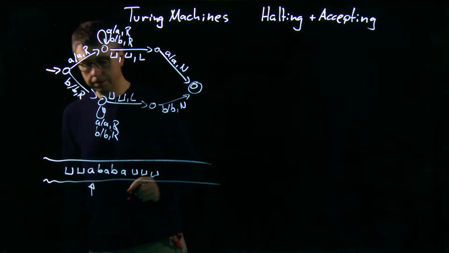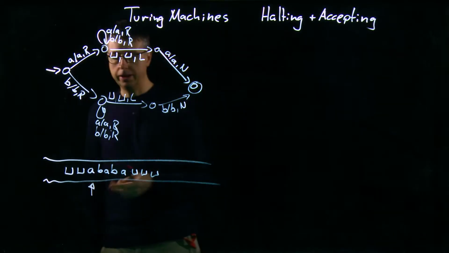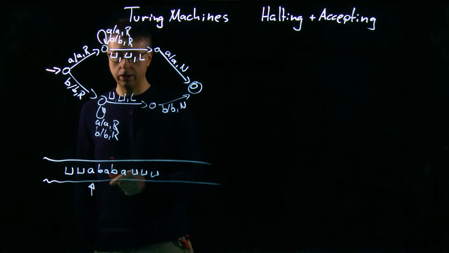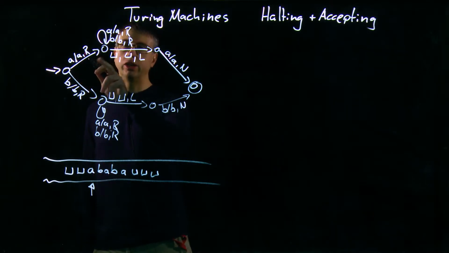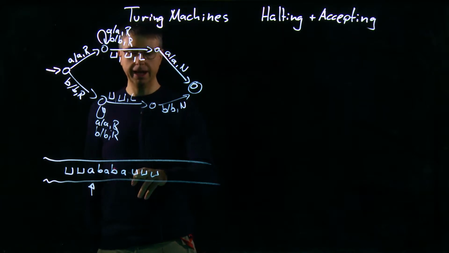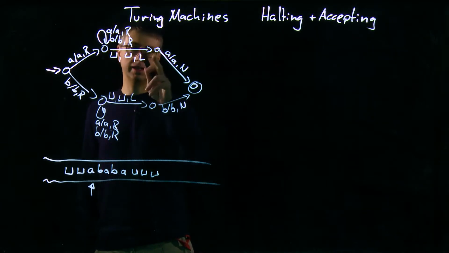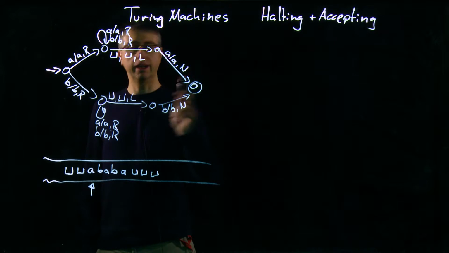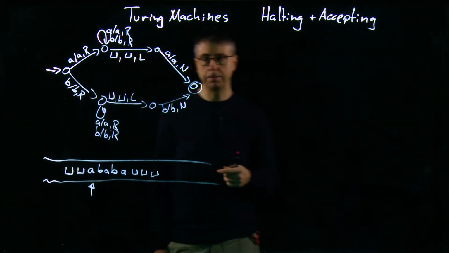Then in our initial configuration, the head would be positioned on the first letter of this A. It would change to this state here, go to the right until it finds the blank, goes one step to the left, checks that there is an A, and if there is an A, it goes to an accepting state.